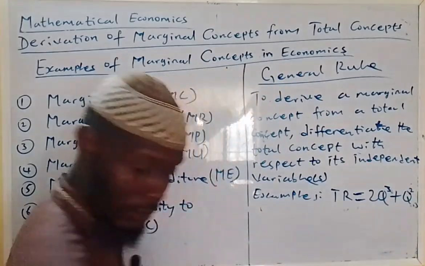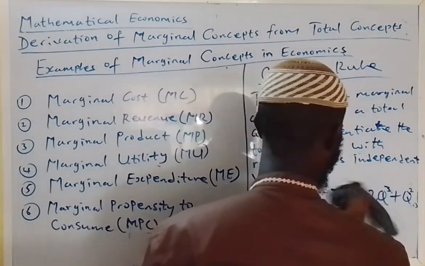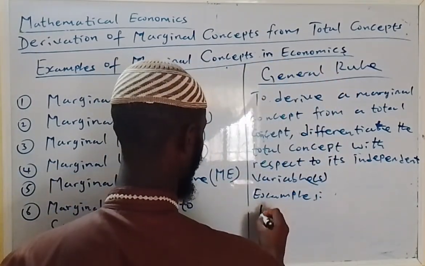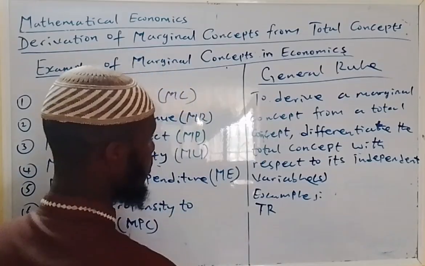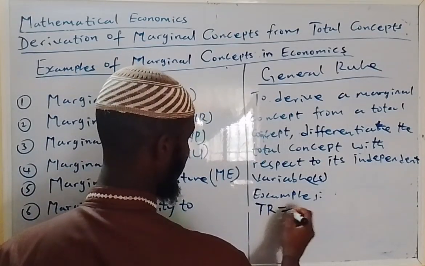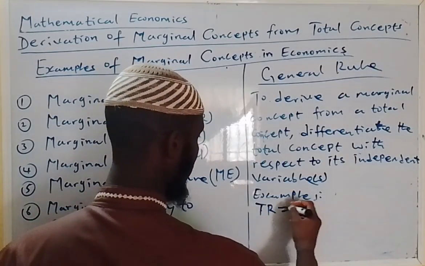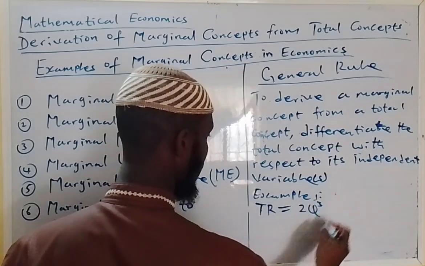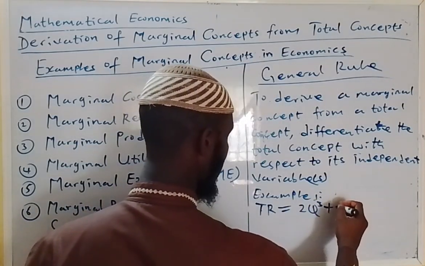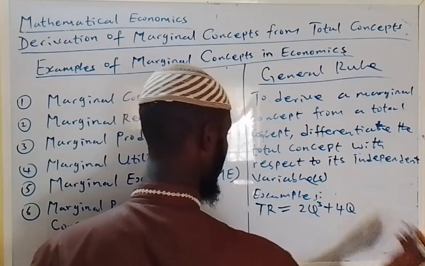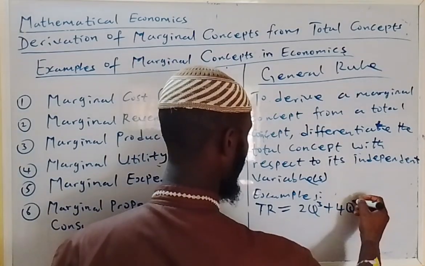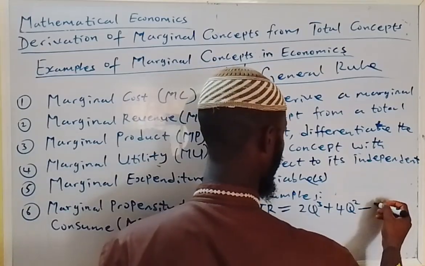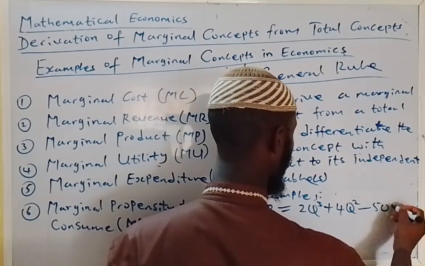Let me write it down so that I won't need to write on two lines. Let's say we have total revenue, which is given as 2q raised to power 3 plus, let's say, 4q squared, and we now have minus 50q.